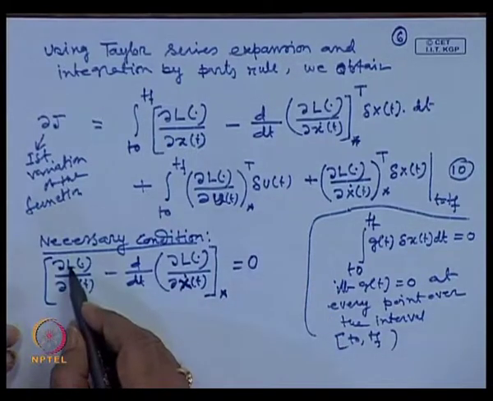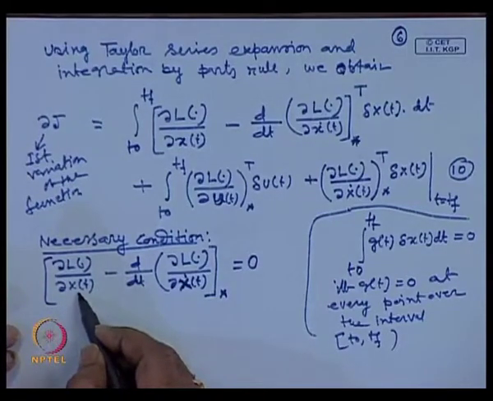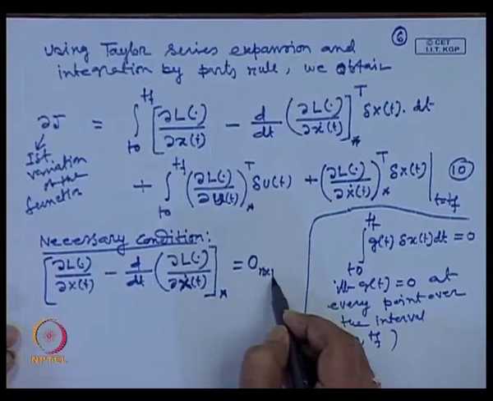And what is the dimension of this? L is a scalar, and I am differentiating with respect to x, whose dimension is n cross 1. So, this dimension will be n cross 1.